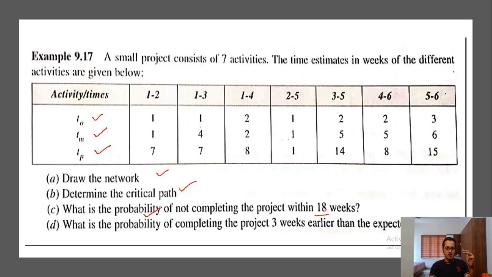Okay, so the fourth part is what is the probability of completing the project 3 weeks earlier than the expected time. That's being asked here.